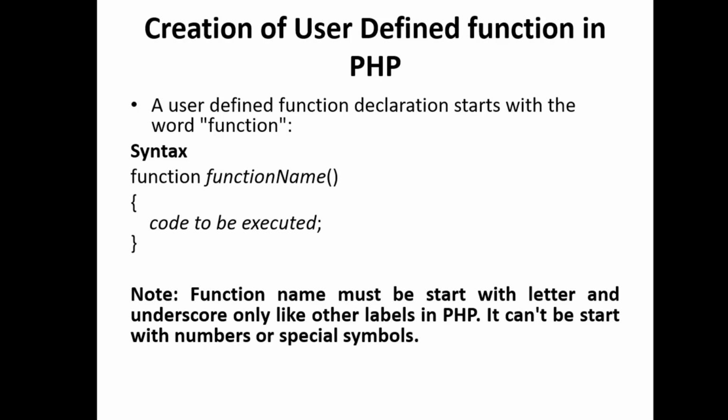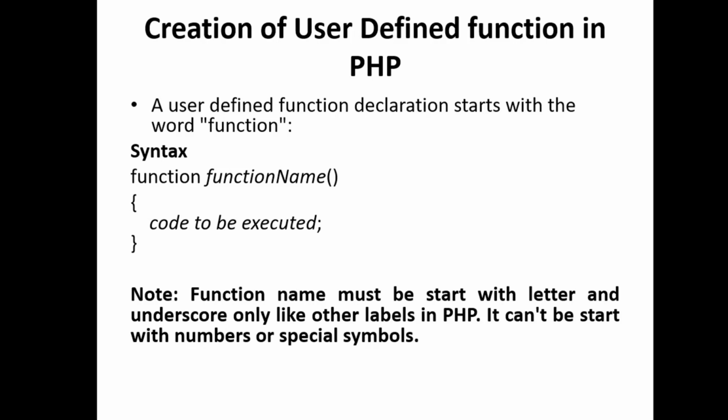Then it is followed by round brackets, opening and closing, immediately with no space. Then curly braces and the code to be executed. Whatever code you want to execute, put it inside this function, and your business logic will come over here. So this function declaration is complete.